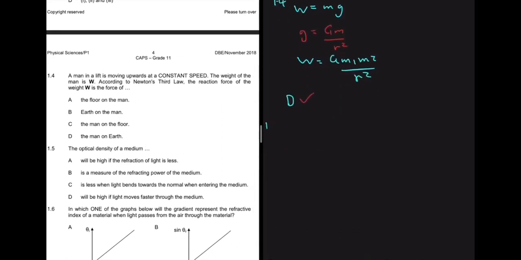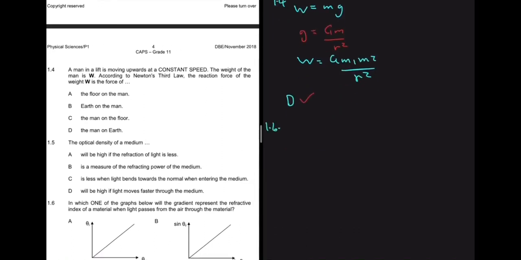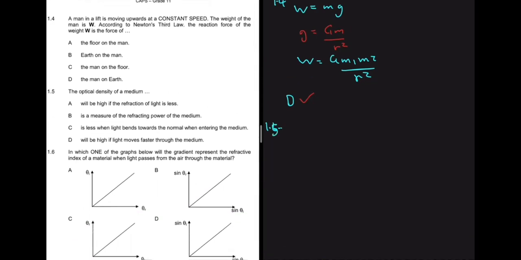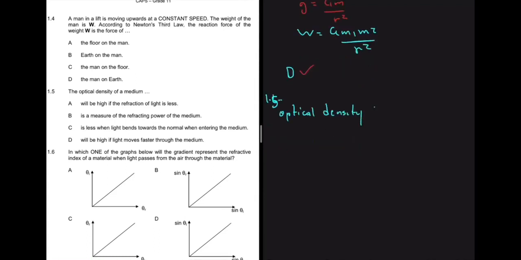And then let's do 1.6. 1.6 is saying, 1.5, I meant. So 1.5 is saying the optical density of a medium, and then dot. So before we go any further, let's talk about the word optical density. So what are we talking about? We're talking about optical density, right? So optical density is directly proportional to refractive index, right?